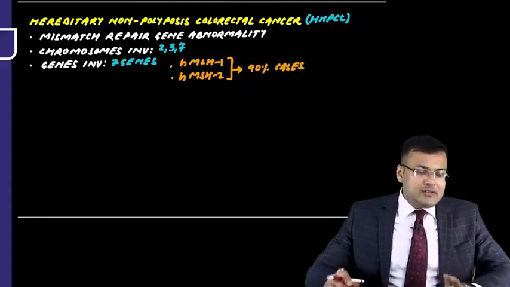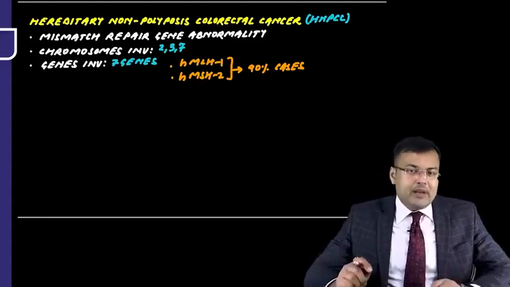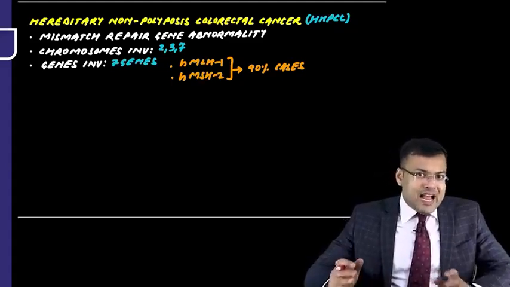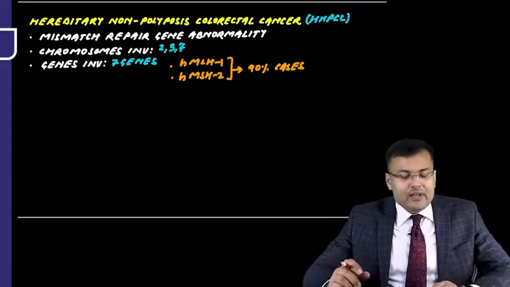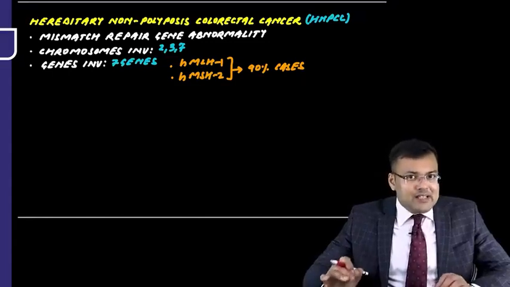There are 2 criteria which are used. One is modified Amsterdam criteria. It is used to select at-risk patients of HNPCC. And there is revised Bethesda guidelines.